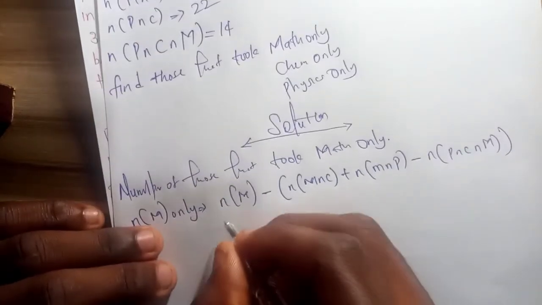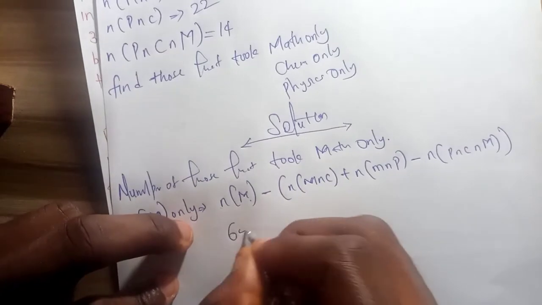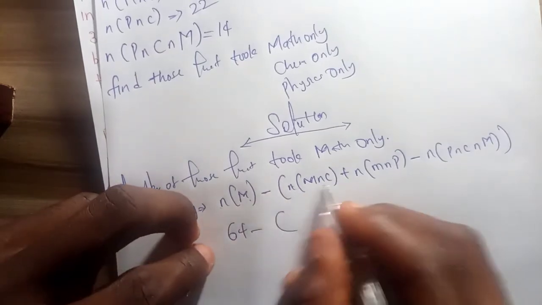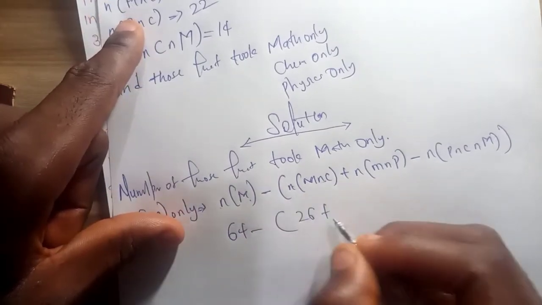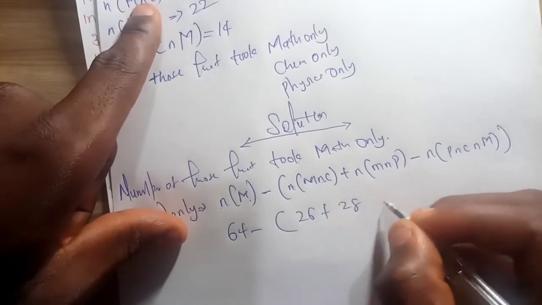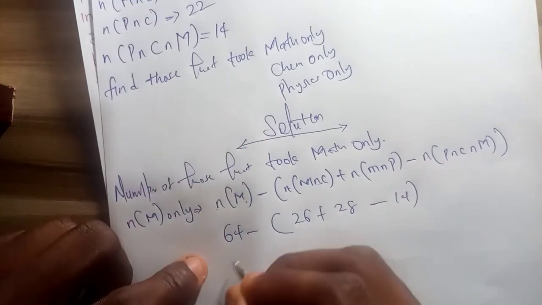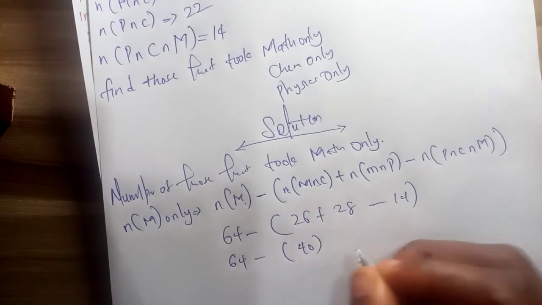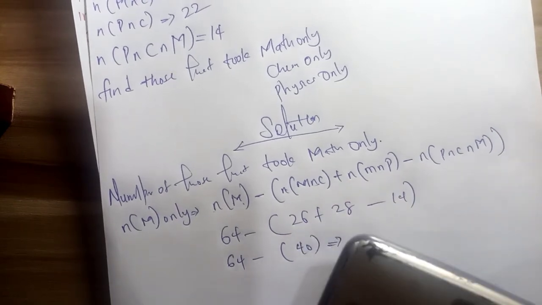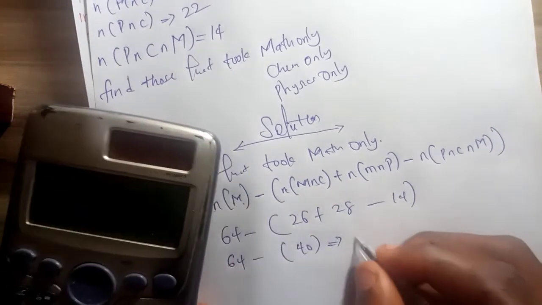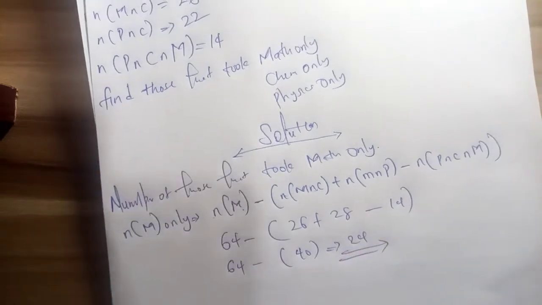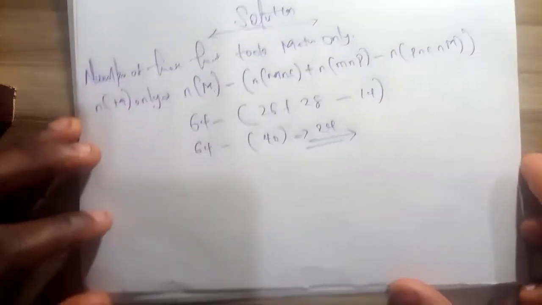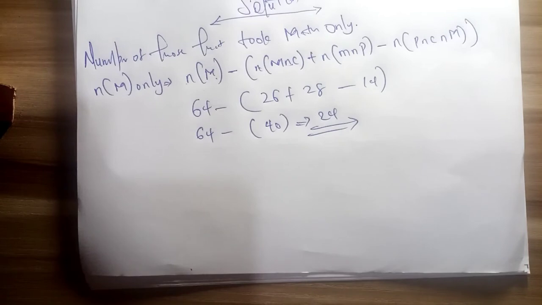What is the number of math? 64 minus the number of this 26 plus the number of this 28 minus 14. So we have 64 minus the bracket of 26 plus 28 minus 14. That's 40. So we have 64 minus 40, which gives us 24. So 24 people took math only. That is how to find it.